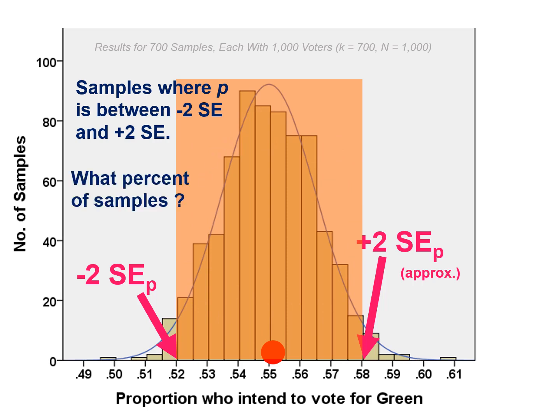So what percent of the samples fall within two standard errors from the expected value of p, or from pi? This is something we covered at the beginning of the semester. If you remember, there was how much area is covered within one standard deviation, how much area is covered within two standard deviations. It's the same concept that we apply here.